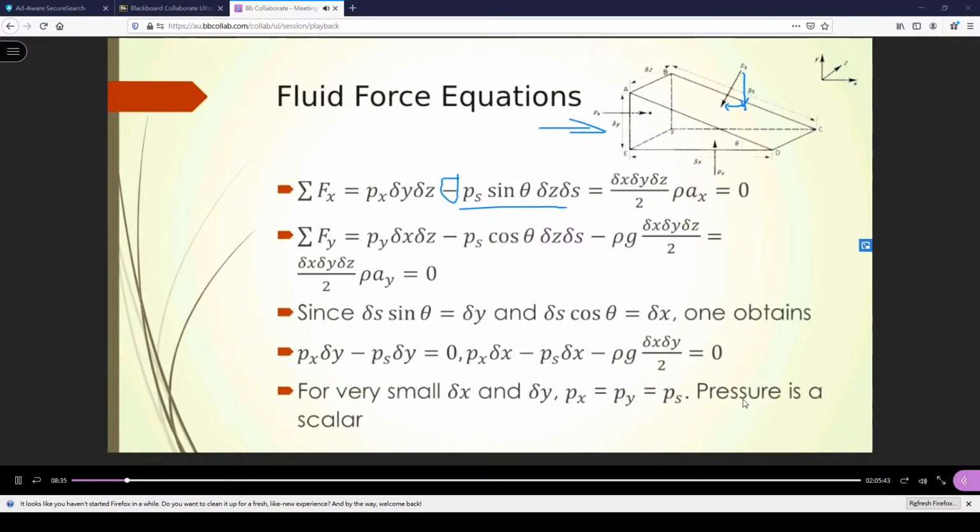Okay, so for this force, we have a negative component in the x direction. So it's P, this is theta.